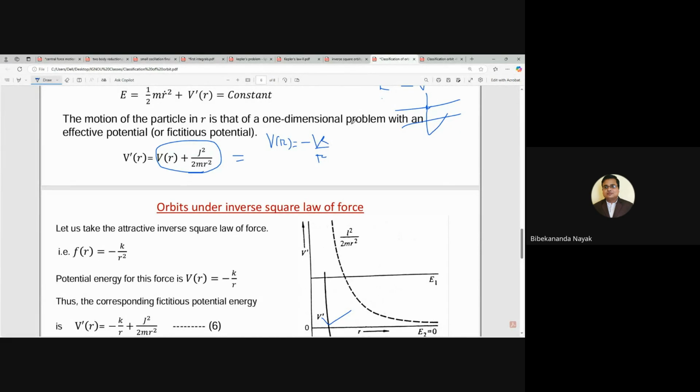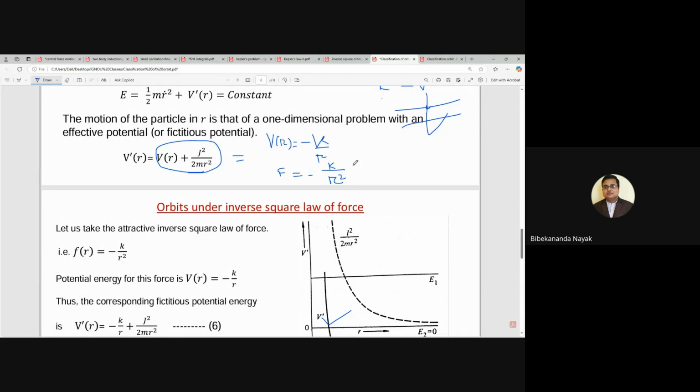K constant, it contains G actually. So that force will be 1 by R square, some constant in 1 by R square. Force will be minus some constant 1 by R square in motion of the planets around the sun.